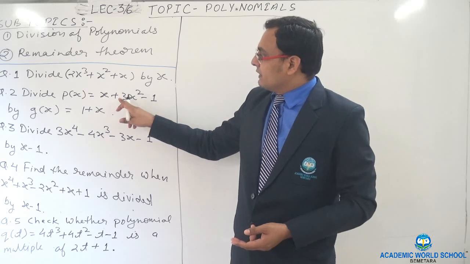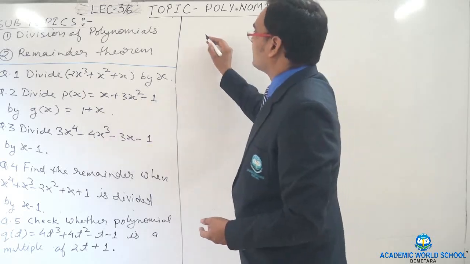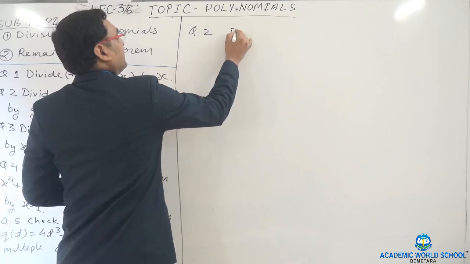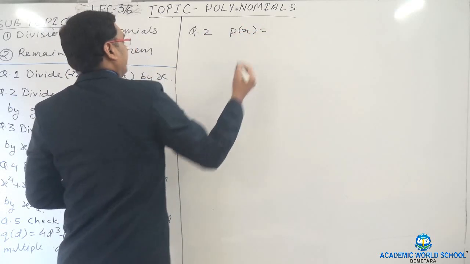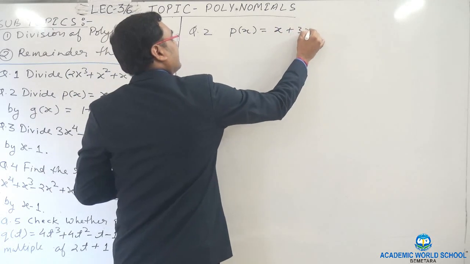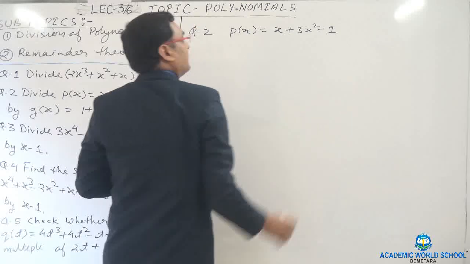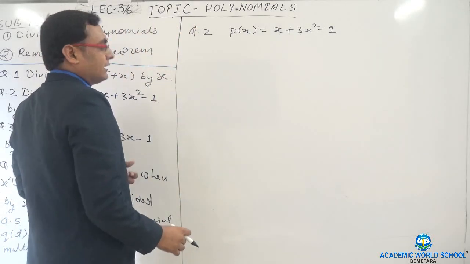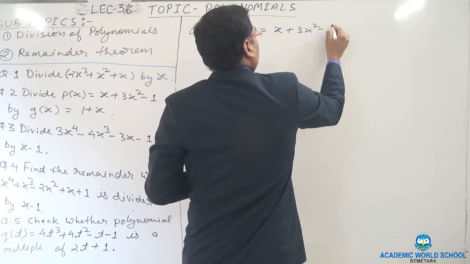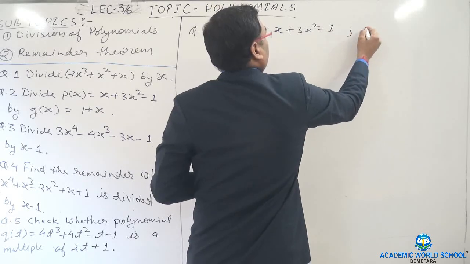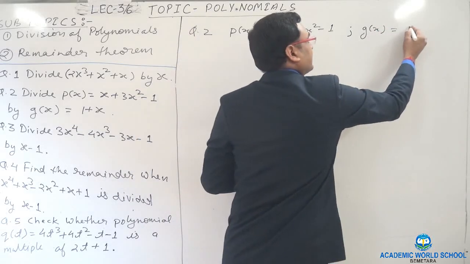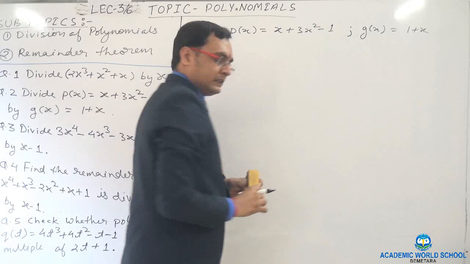We have already studied in our previous session what the standard form of a polynomial is. So when we want to divide these polynomials, I am writing here question 2, polynomial p(x), which is the dividend, x plus 3x square minus 1, and the other polynomial g(x), which is 1 plus x.